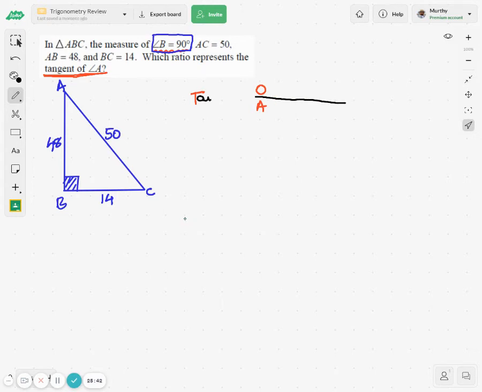So here tan, and what is the given letter? A. So tan A equals opposite side to angle A. Don't forget, please include this letter in your statement. So opposite side to angle A over adjacent side to angle A.